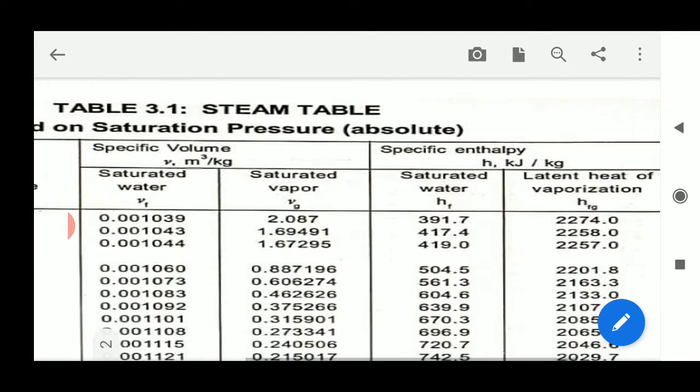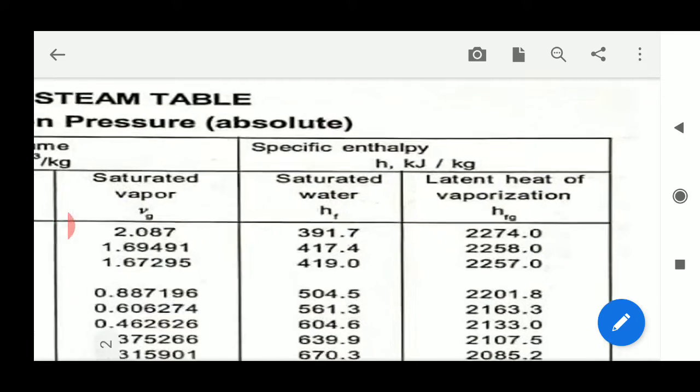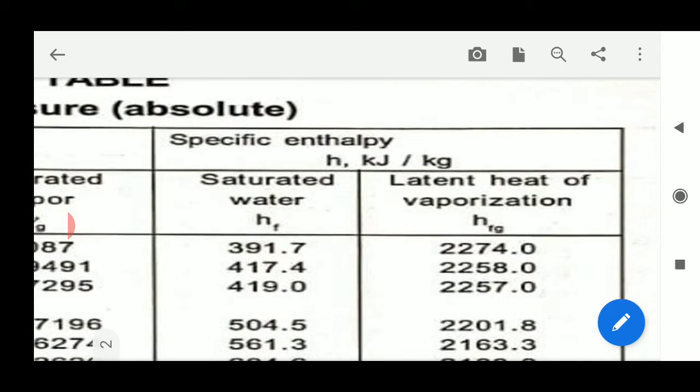And the specific enthalpy in terms of kilojoules per kg for the different pressures: the specific enthalpy for the saturated water, that is hf, and latent heat of vaporization, that is hfg. These values are also given for the various pressures.